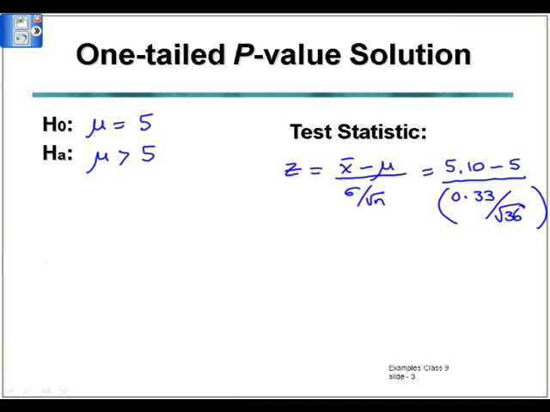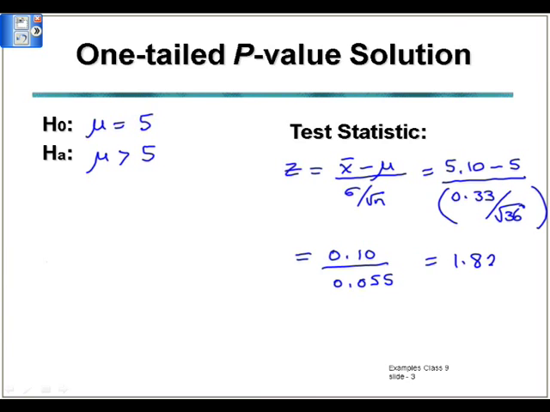Remember, that's the value of the standard error in this problem. So the top line of that fraction is 0.10, and the bottom line simplifies: 0.33 divided by 6 is 0.055 to 3 decimal places, giving us 1.82.